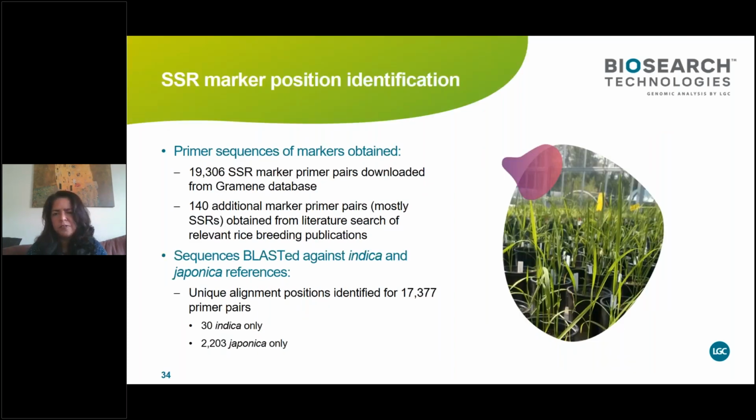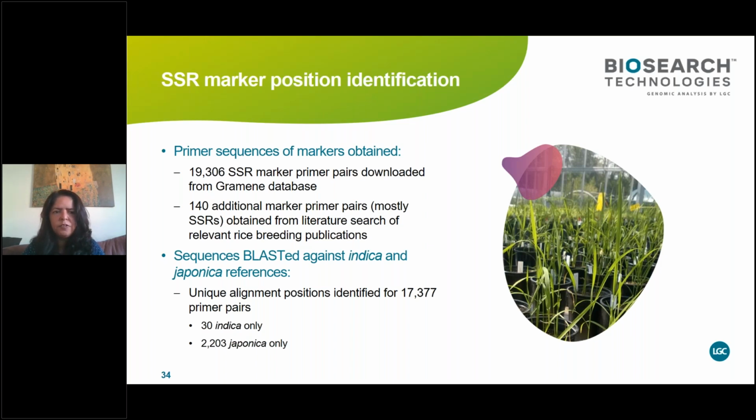So another part of the project was to look at existing SSRs and whether we could use the resequencing data to identify potential alternative KASP markers. We did this by downloading nearly 20,000 SSR primer sequences. We blasted that against the Japonica and Indica genome, and we were able to identify an additional 140 marker primer pairs, and these were from literature and publications.